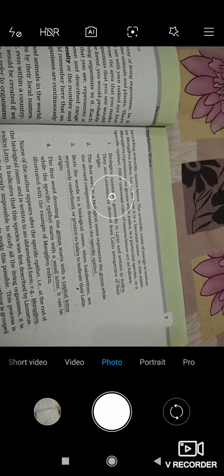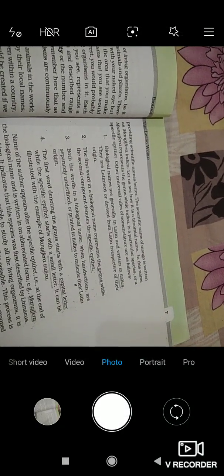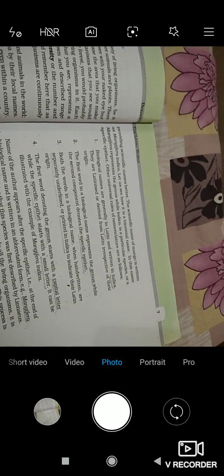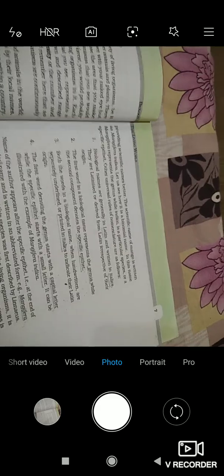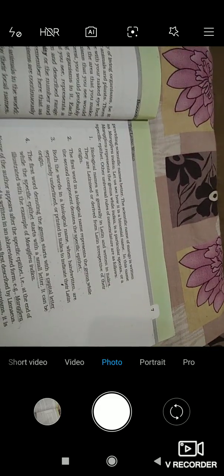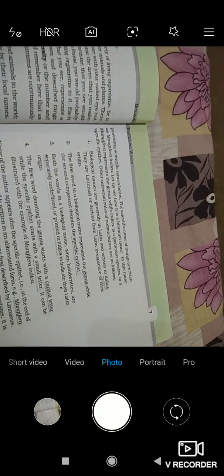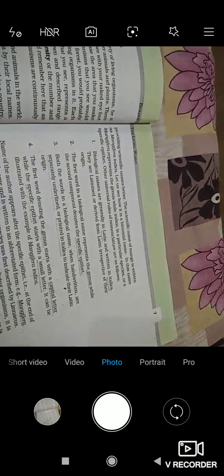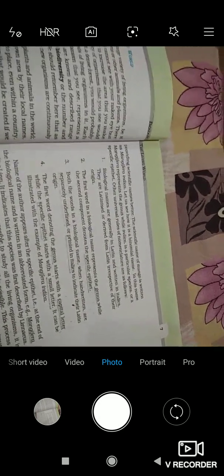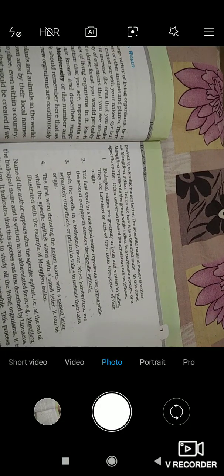Okay. So the first word in a biological name represents the genus, while the second component denotes the specific epithet. I have told you earlier also that the scientific name of the fruit mango is Magnifera indica, and Magnifera is the generic name and indica is the specific epithet.